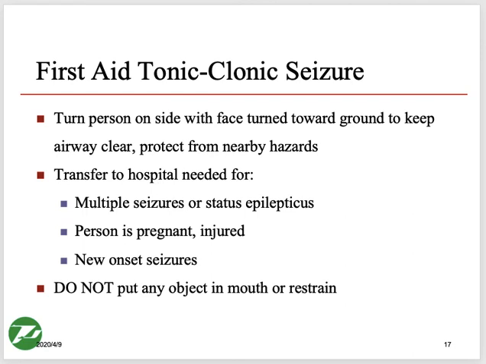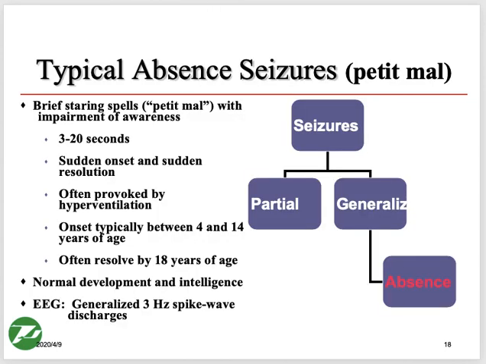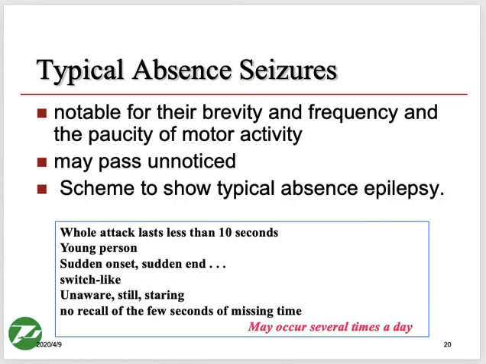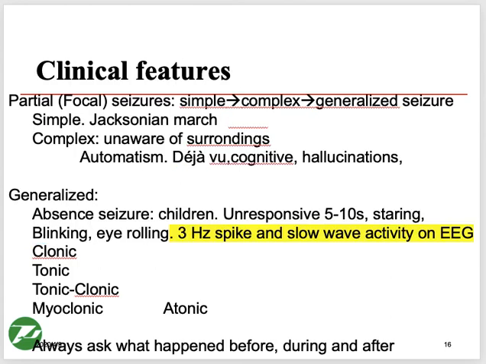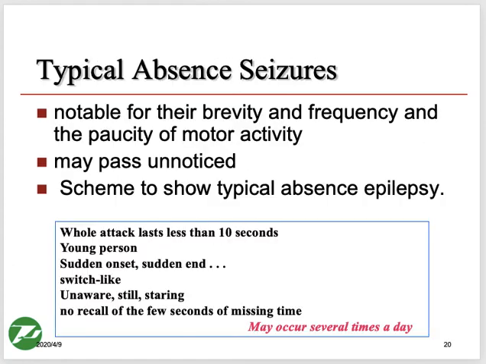By the way, I wanted to show you this thing, very important, guys. This is the generalized 3 hertz spike and wave discharge in a child with absence seizures, right? Again, I'm just scrolling it down, and here it says, first aid for tonic-clonic seizure: turn the patient on side and face down towards the ground to keep the airway clear. Transfer to hospital and do not put any object in the mouth, right?